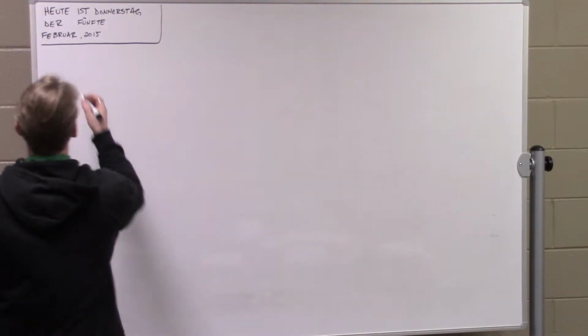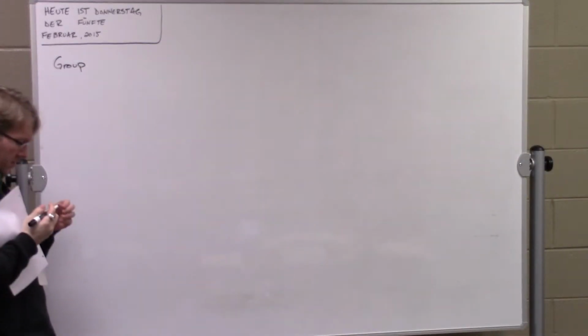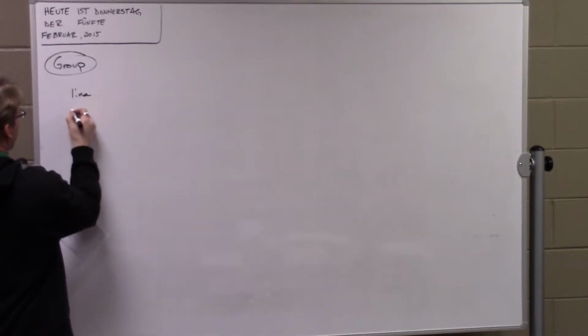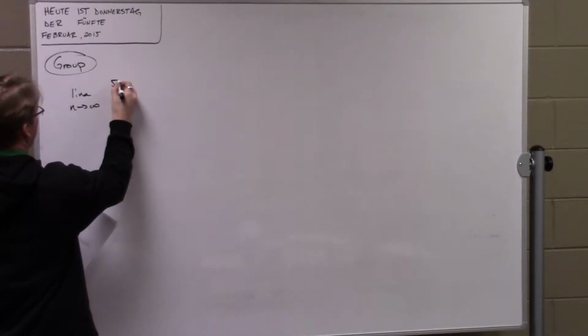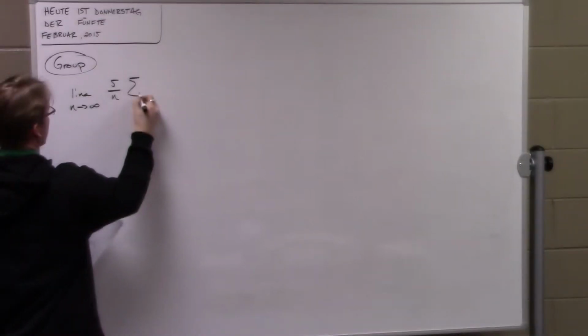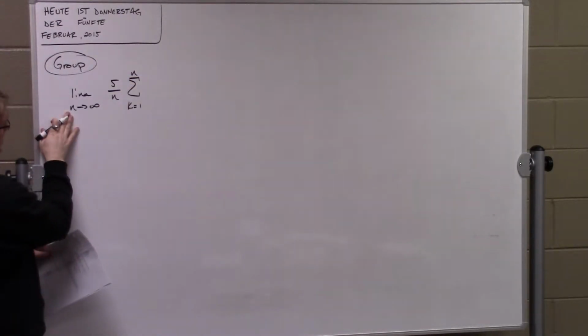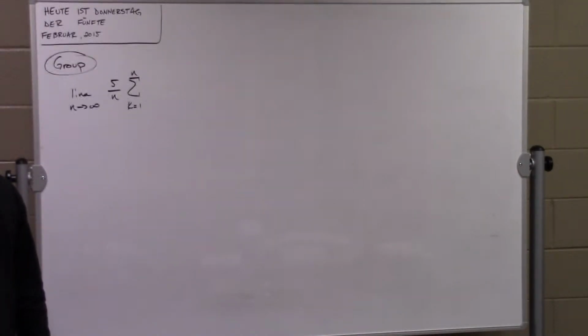Okay, let's do this. So group quiz, and I'm gonna blitz through this so I can get to the quests and whatever questions you may have today. So first we have this. They gave you this really big, long, nasty setup. Limit as n approaches infinity of 5 over n, summation. Anytime you see these things together, limit and that summation, they're wanting you to turn this into a function.